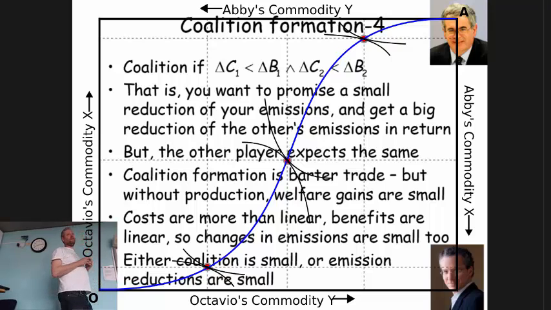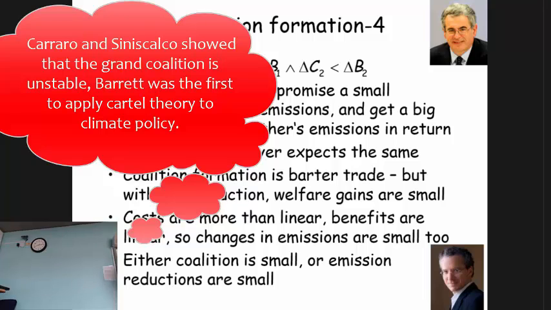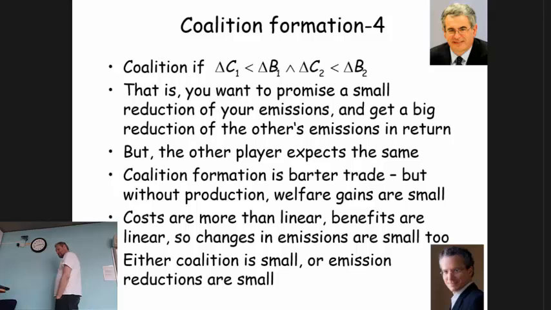It is strictly barter trade, there's no productive economy behind it, so welfare gains are small. And the implication of this was first written up by Carraro with a bit of help from Domenico Siniscalco, and a bit later, a bit more formalized and explicit, by Scott Barrett.